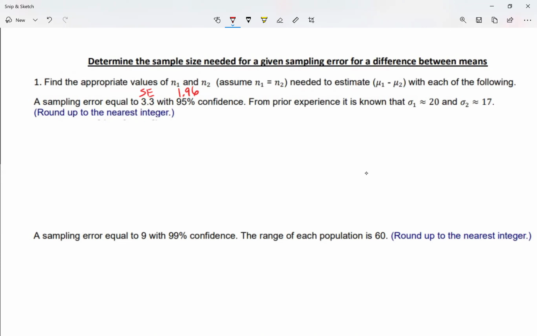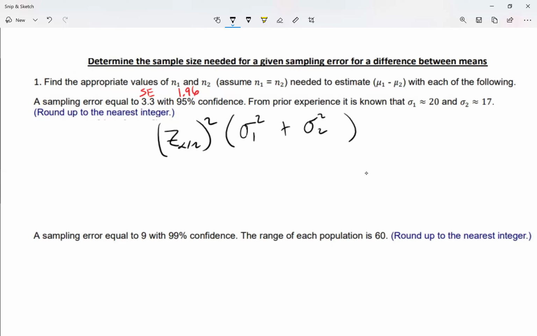Okay, so let me give you guys the formula we're going to use for a sample. I'm going to look at my Z-score squared, and I'm going to multiply this, let me open a big parenthesis here, by the variance of sample 1 plus the variance of sample 2.